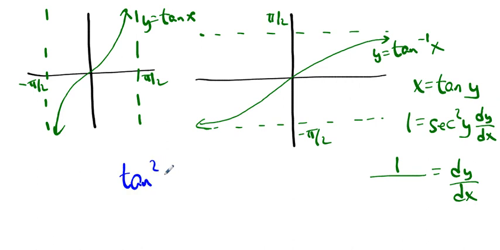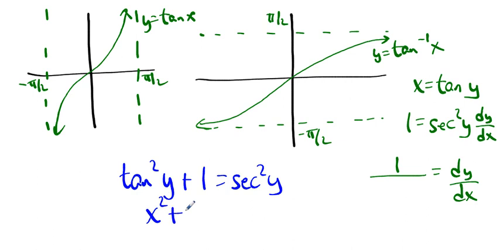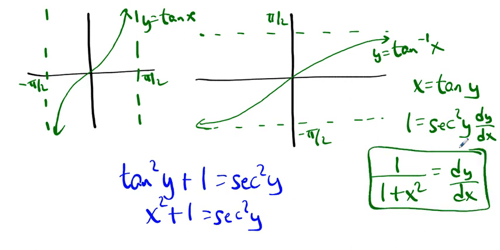I remember that tangent squared y plus 1 is secant squared y. Well, I know what tan y is. Tan y is x. So secant squared y is tangent squared y plus 1, and that's the substitution that we make right here. The derivative of the inverse tan function is 1 over 1 plus x squared.